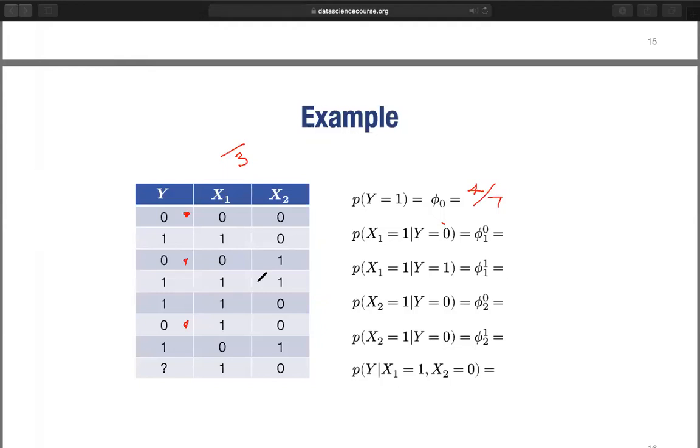We have 1, 2, 3, so our denominator is 3. Then we check where x1 is equal to 1 and y is equal to 0. At this point here, x is equal to 1 when y is equal to 0. Here x is not equal to 1 where y is equal to 0, and here x is not equal to 1 where y is equal to 0. So our answer is actually 1/3.